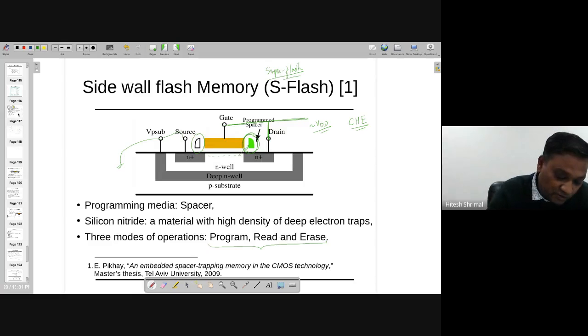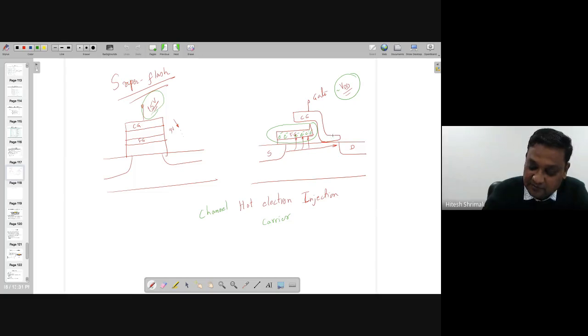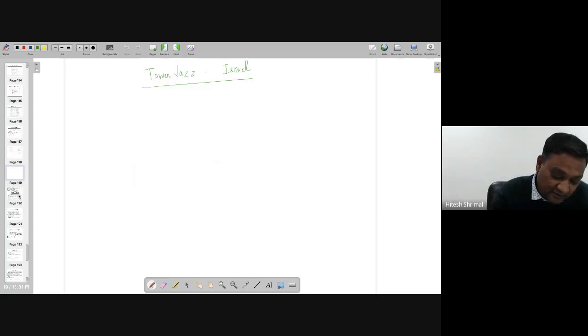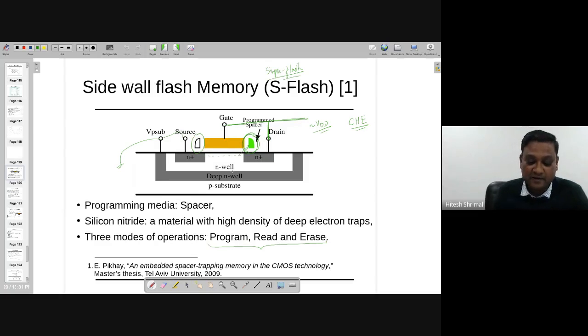In this super flash which we have projected over here, the gate also has a connection with the channel, right? So that gives liberty to give VDD as the programming voltage. The same thing is happening over here: it gives liberty to have the supply voltage or the programming voltage near VDD, right?